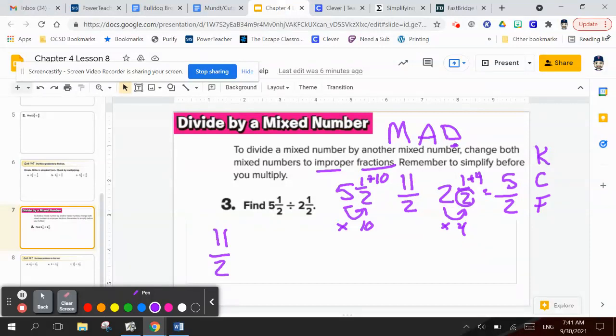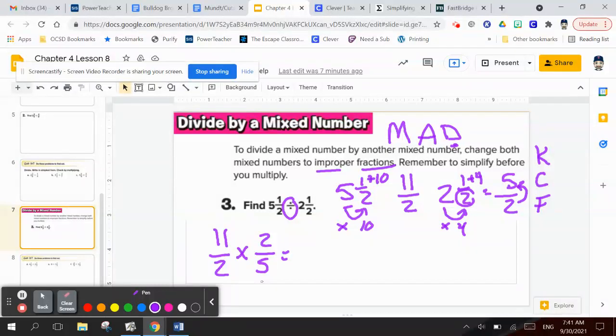So now 5 1/2 is now 11 halves. I'm going to keep that the same. I'm going to change the sign from divide to multiply. And I'm going to flip the second fraction. 2 1/2 is 5 halves. So I have to flip that. So I have 2/5.